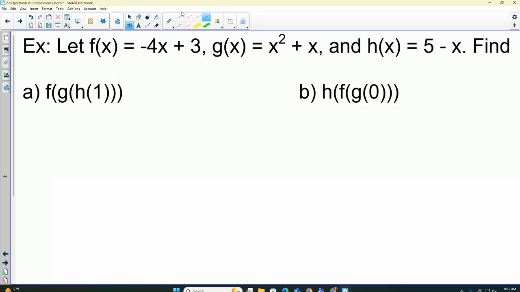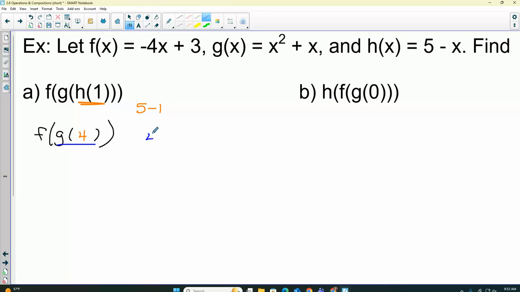Let's try more than two functions. The idea is the same. You start on the inside, you work your way out. So on this one, the very first thing I have to do is h of 1. The other things just trail along. So I keep my f, I keep my g. I have to find h of 1. So if I plug a 1 into h, we get 4. Now we do g of 4.